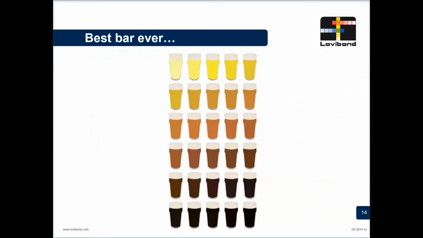We might be looking at beer, and typically a lot of natural products are amber in color. So these tend to be what we would call a single color scale, where you go from a light color to a dark color.